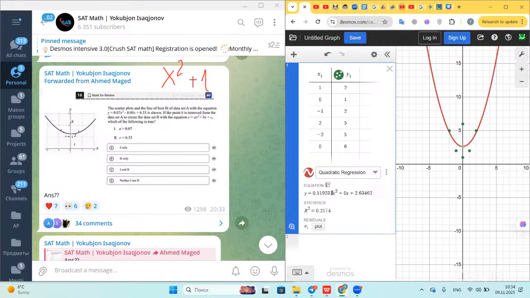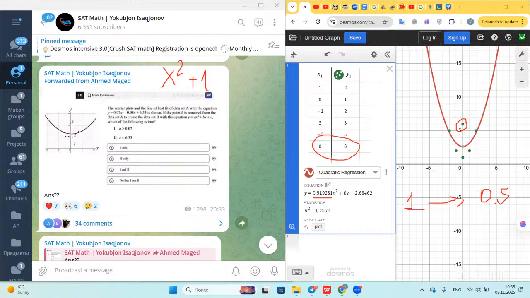You can see now it decreased. If you add an outlier, this a, which was 1, now decreased to 0.5. It means adding one additional outlier decreases the value of a, so removing one outlier increases the value of a.